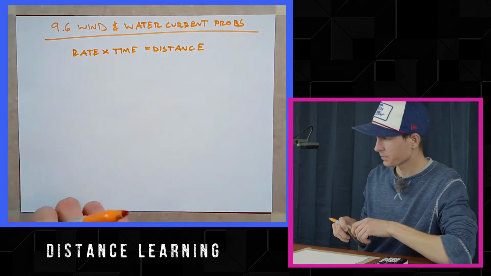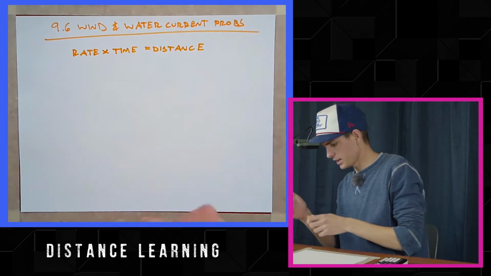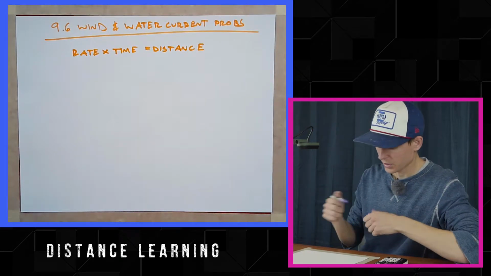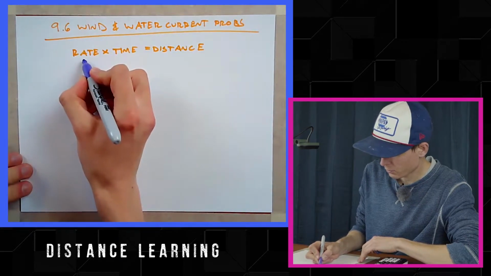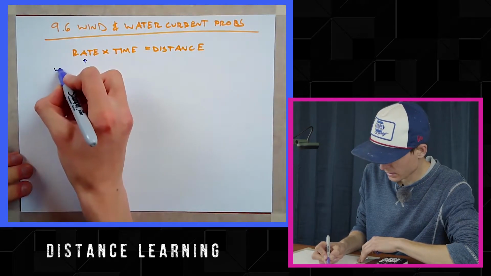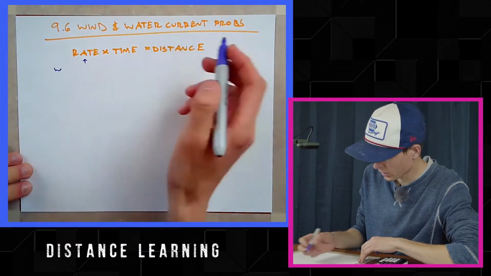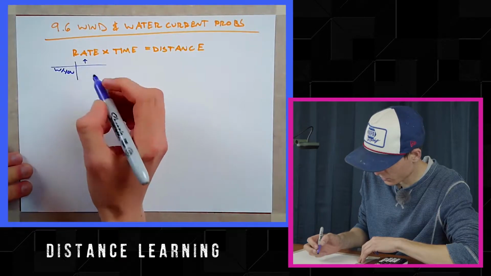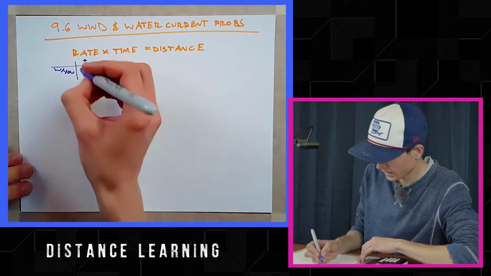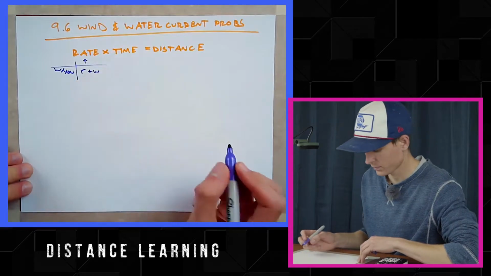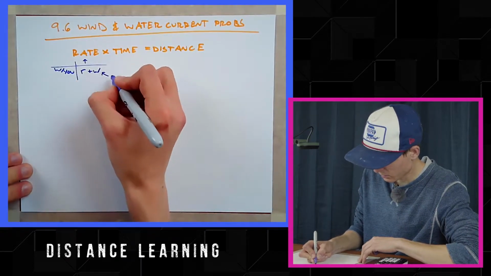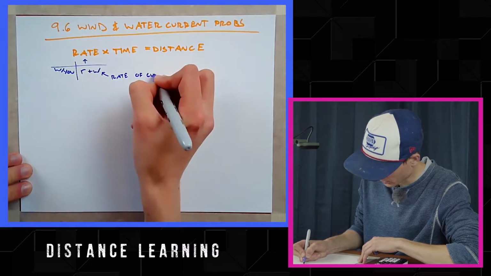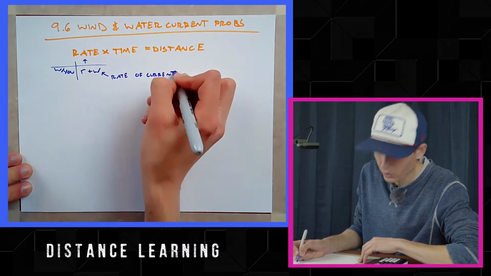The thing that you'll want to remember with rates is, if the current is with you, your rate will be faster, R plus W, W being the rate of current or of wind.